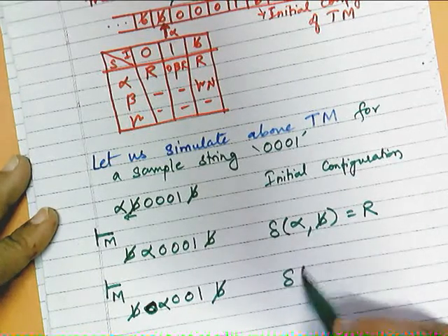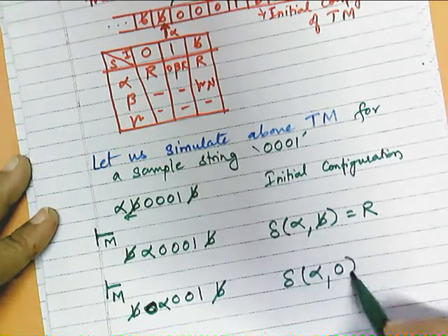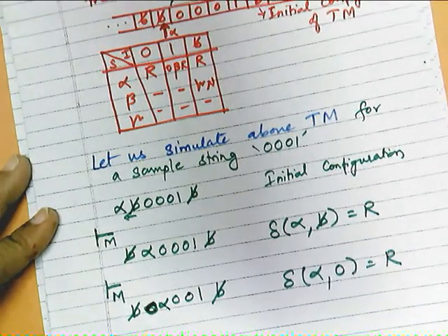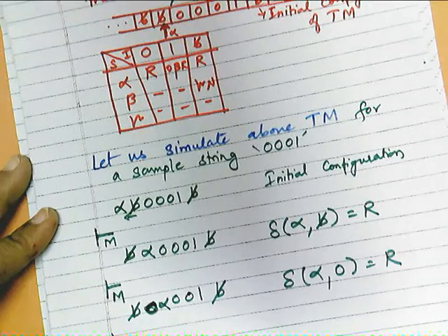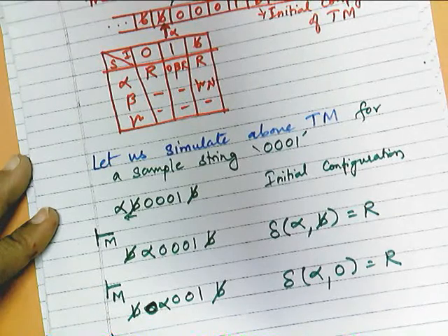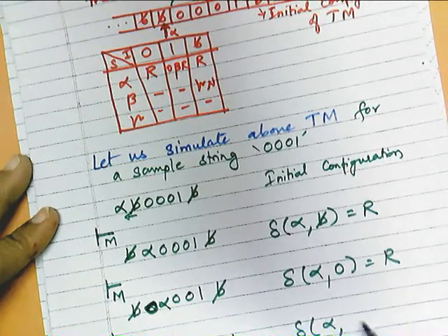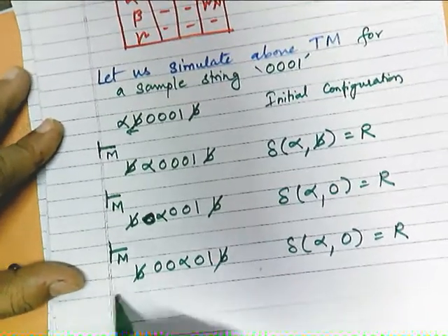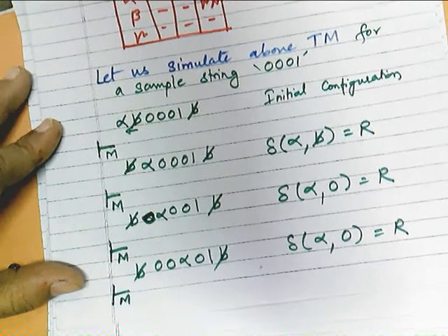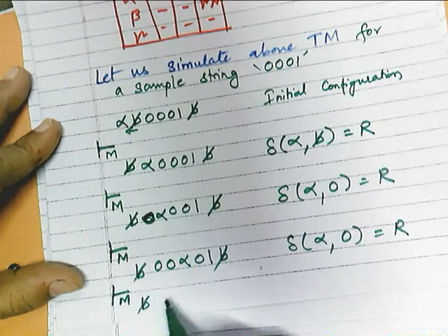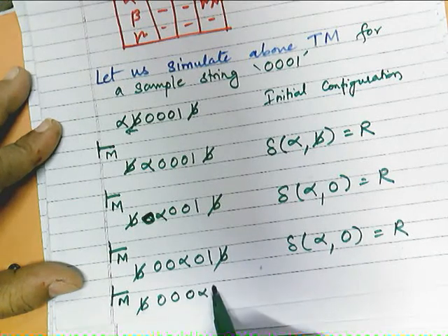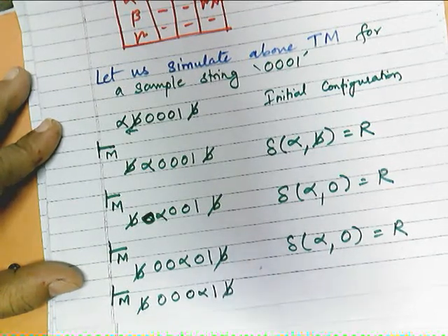This is because we are again applying alpha 0, which moves towards the right. Again we get the same situation, and we need to move the head towards the right. So now alpha will go here, for the same reason, that alpha 0 gives right. Next TM move will be again blank, 0, 0, 0, alpha, 1 and blank, right?